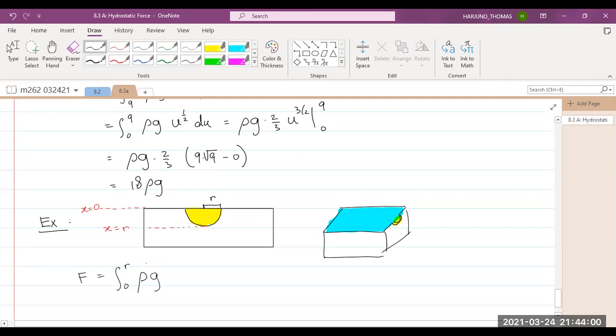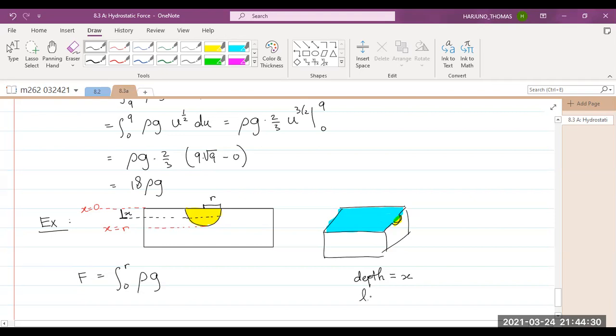Rho g, okay, then if I move from x equals 0 to r, let's say this is my given x, what will be the depth? How deep is this position here? The depth will be x also, right?